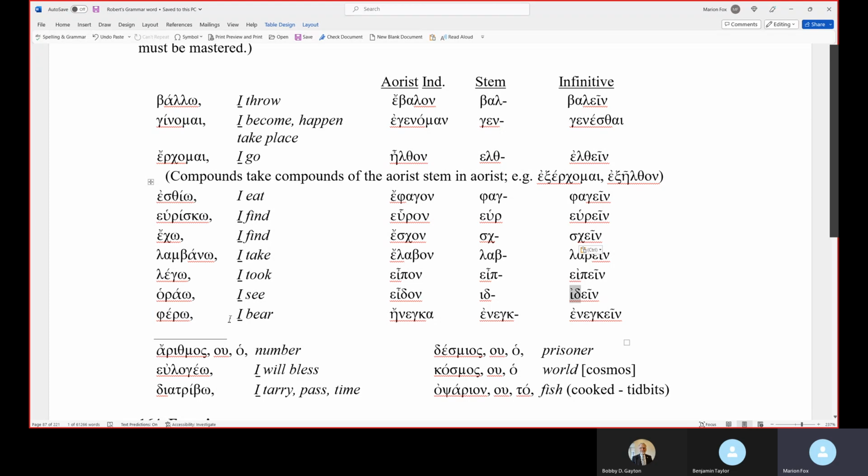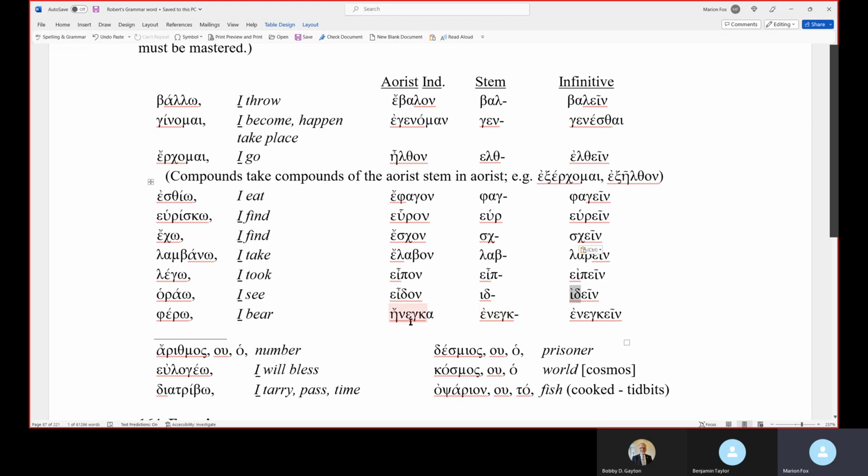Pharaoh, I always remember that word, I bear. So Pharaoh made the children of Israel bear burdens. That's how I remembered that word when I first studied Greek. And now our stem here is, again, a inagig. And so this epsilon gets augmented to an eta.